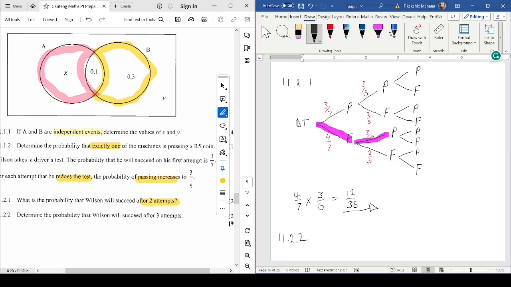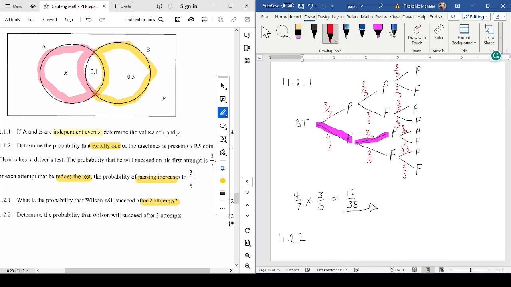So because of this, even for this level, the probability that he passes is 3 over 5. It doesn't change. A pass is 3 over 5. And then a fail is 2 over 5.